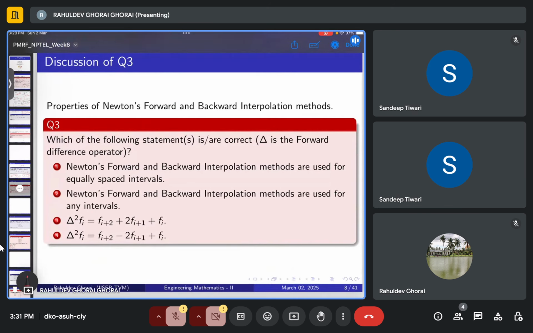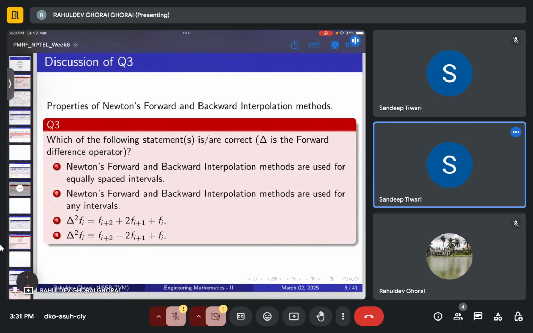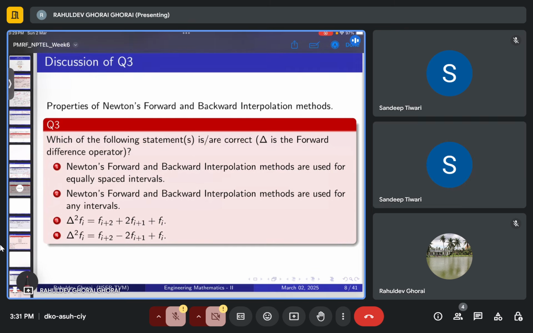So now this is something easy. The forward difference operator and backward difference operator. The first one is used for equally spaced intervals, right?